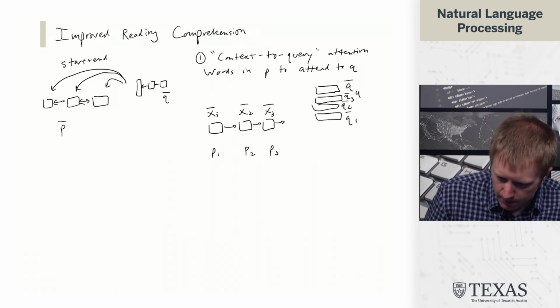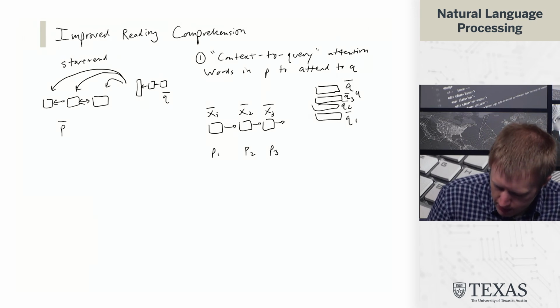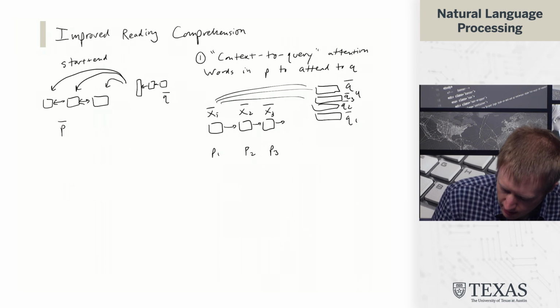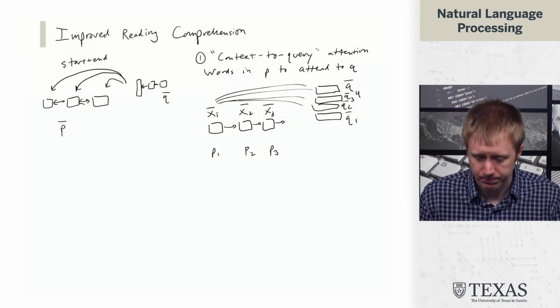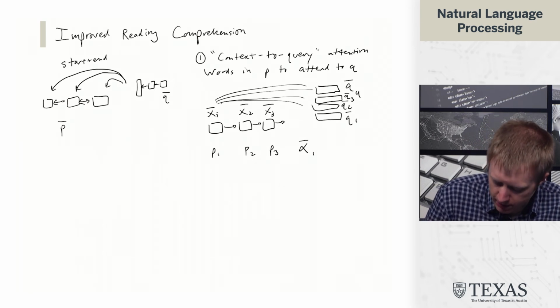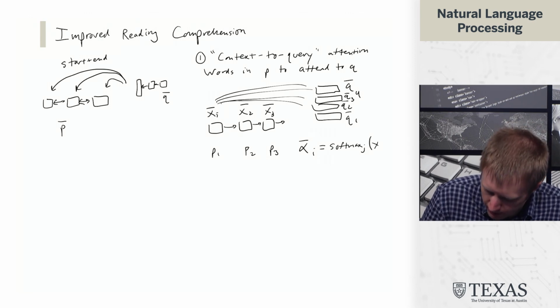So what we do is we do an attention computation where each xi attends to the question. We're going to form a distribution that we're going to call alpha i, which is a softmax over j of xi dot qj.